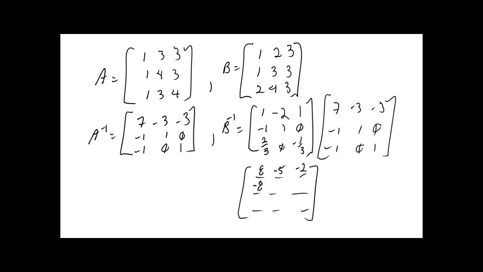Second row, second column: 4, plus 0 is 4. 2, 3 entry. Second row, third column: I think it's a 3. Yeah, 3, 0. That's just a 3.